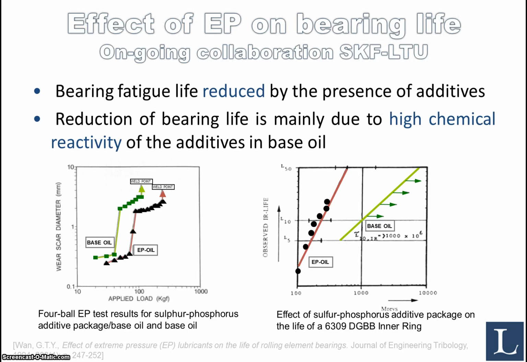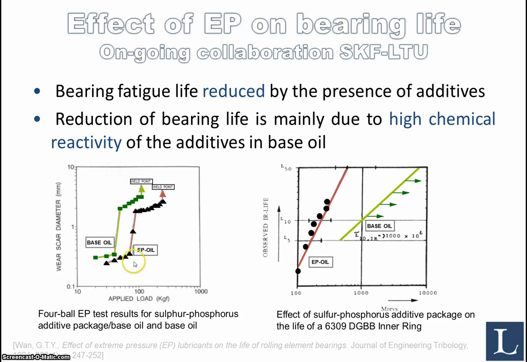The additive contents in the lubricant may also affect the bearing life. Now, you add additive to the lubricant to improve, for instance, the load carrying capacity. Like this shows a so-called EP test where you increase the load continuously here, and at some point you get a weld point.